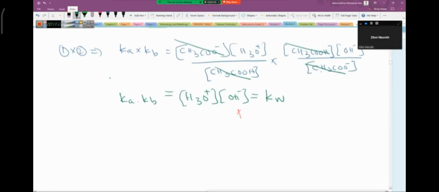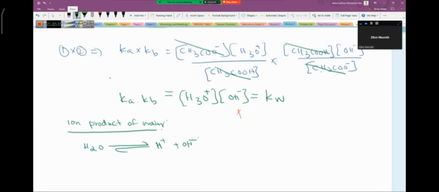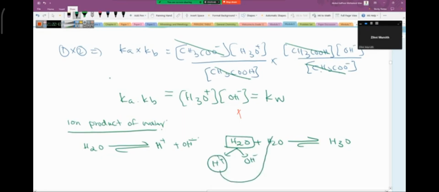Now put the heading: ion product of water. Let's say H2O dissociates as H plus and OH minus. If I consider water mixed with water, H2O plus H2O will become H3O plus, the protonated water, because one H2O dissociates as H plus and OH minus, and this H plus combines with H2O and produces H3O plus and OH minus.